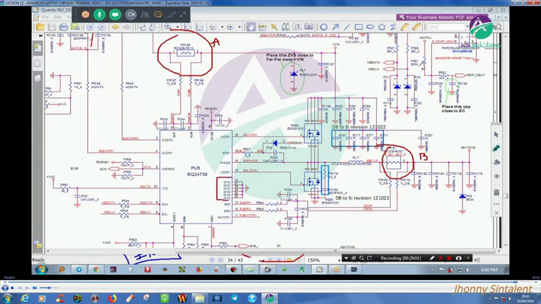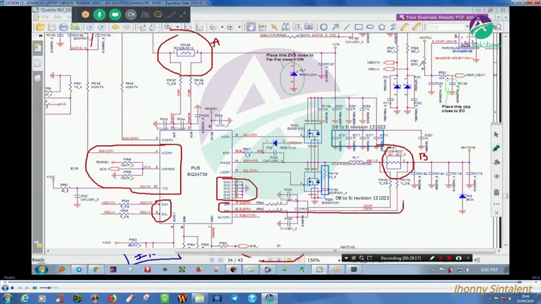Okay, so these all are ground pins, these all are data pins and clock pins. This is related to my complete adapter voltage information, and this is completely related to my output.